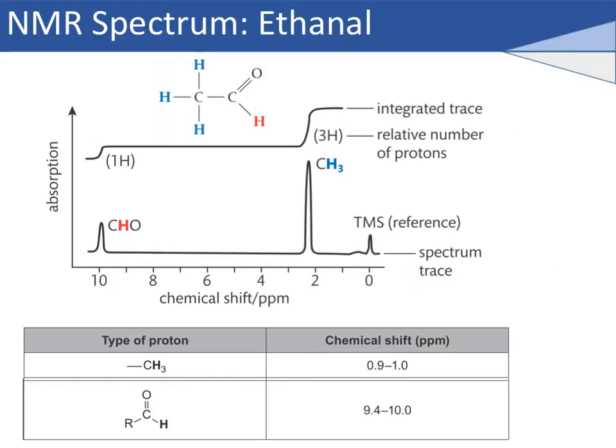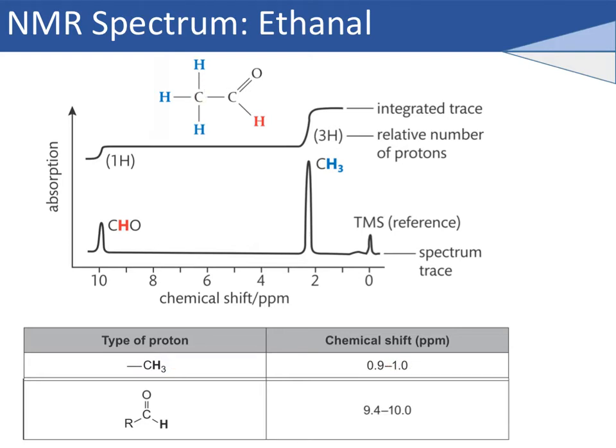To refresh your memory a little bit, we did look in the previous video at the proton NMR, or hydrogen NMR, for ethanal. This hydrogen has an integrated trace of 1 relative hydrogen around 10, and that is the aldehyde hydrogen, which is typically between 9.4 and 10. This CH3 is next to the carbonyl carbon, which might make it a little different than what we would typically expect for a CH3 between 0.9 and 1.